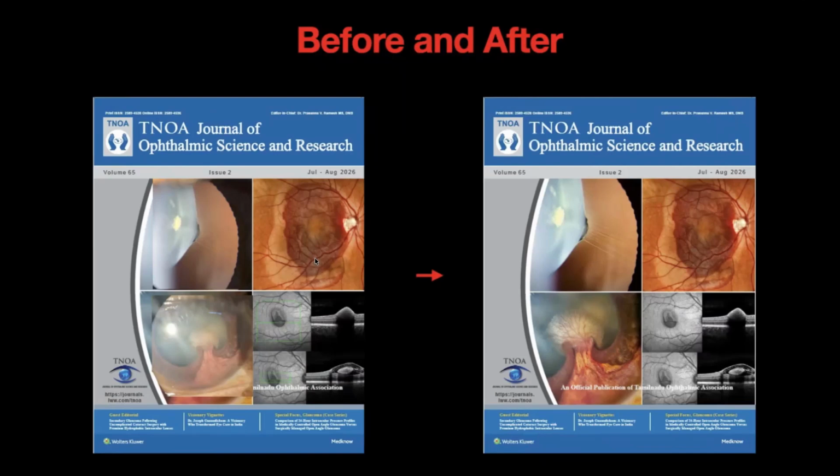Again, this is another image which got featured in the TNOA cover last issue. Especially, I would want you to focus on this image here on the bottom. If you're able to see the final output, this image has been converted, a small amount of zooming has been done, these reflections have been removed, and special emphasis is given to this area to make it look like a volcano, which it already is.